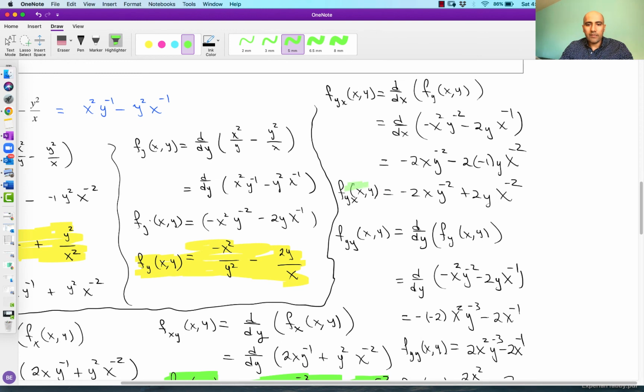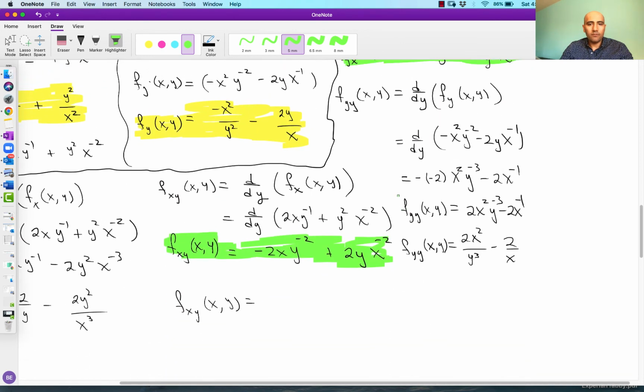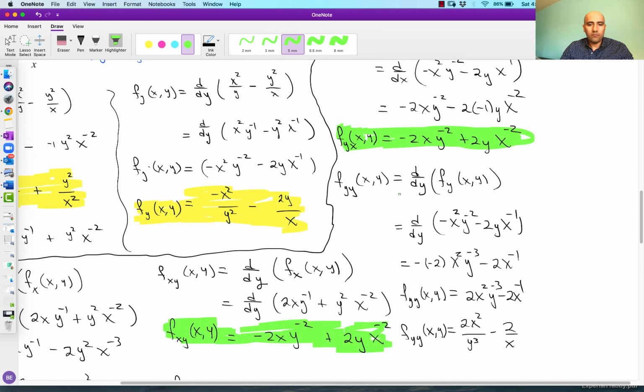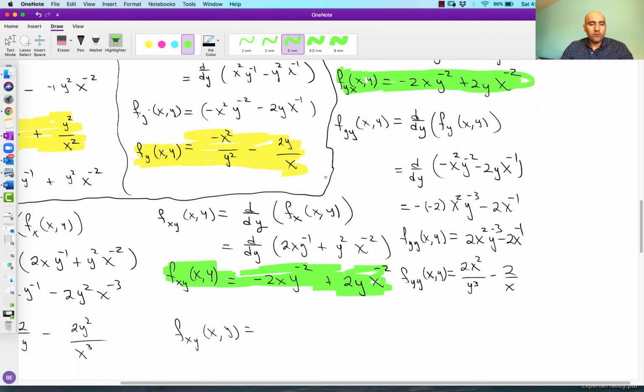Up here, we got the exact same result, so these two are equal to each other. And so I can come back over here and say that this is the same thing as f sub yx of x comma y. Both of them gave us the same answer of minus 2x over y squared plus 2y over x squared.